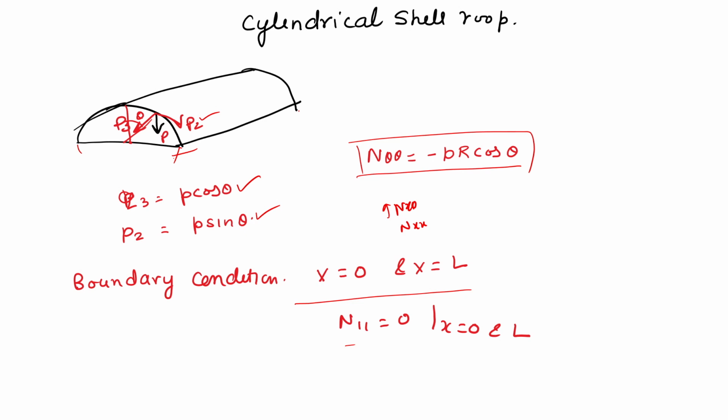So, the gist of this problem is that in membrane shell theory the loading components should be clearly defined, and then depending upon the case we can solve the problem, and the solution of a cylindrical shell is very easy. In that case we first solve the third equation and then the second and first. For the cylindrical shell it is very easy and boundary conditions are satisfied in terms of stress resultants.